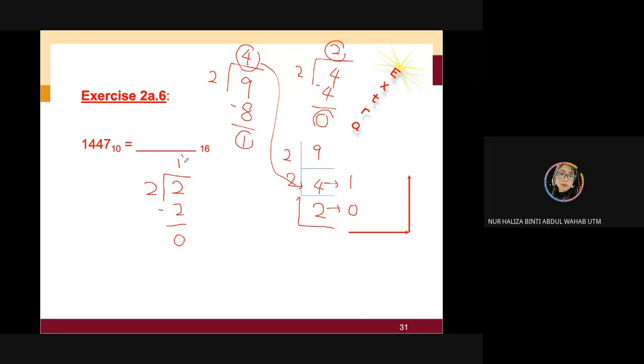This part I will put here, and this remainder I will put beside here. And my answer will be 1, 0, 0, 1. So this is in terms of mathematical.